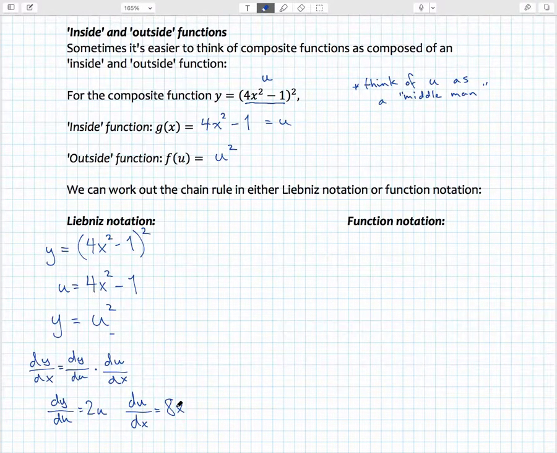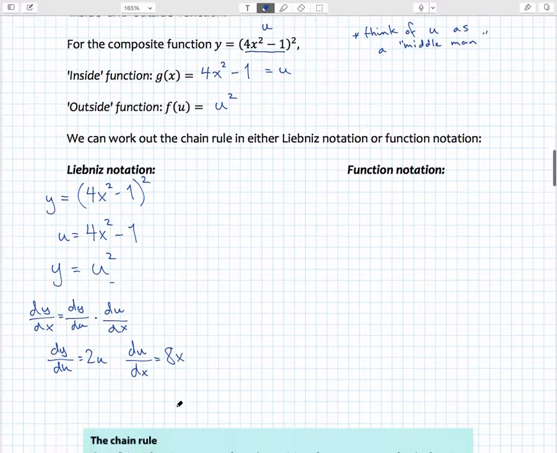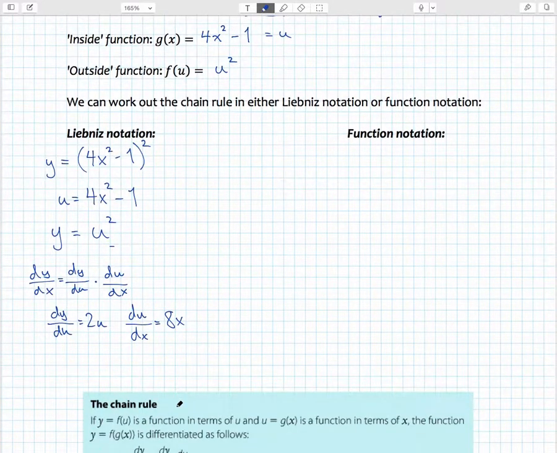And so we see that our derivative dy/dx is equal to the product of those, 2u times 8x, which after we replace u was 2 times our u, 4x squared minus 1, times 8x. And we could expand this, but we don't have to at this point.